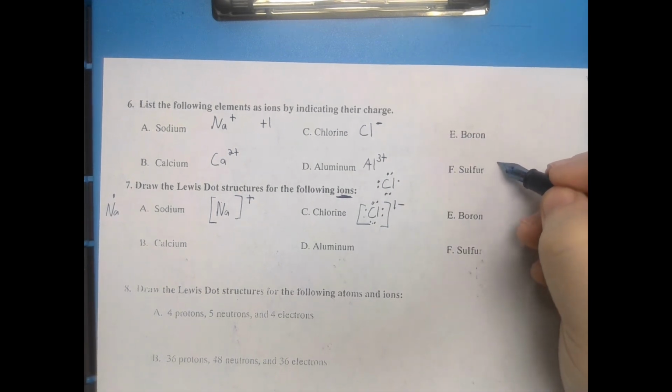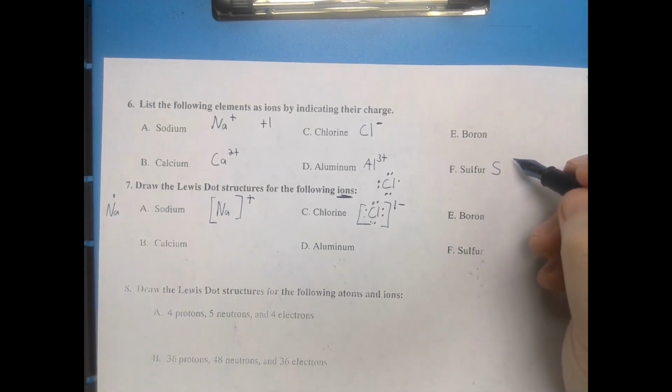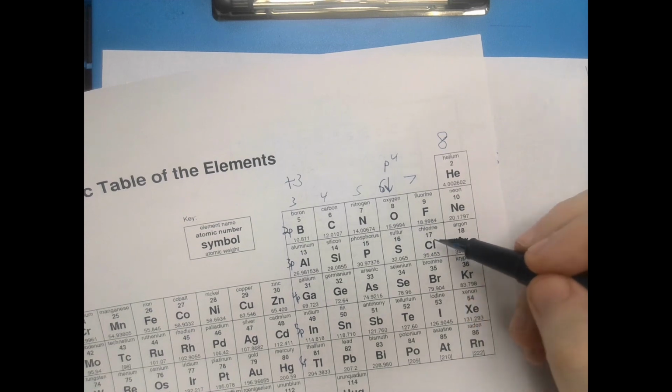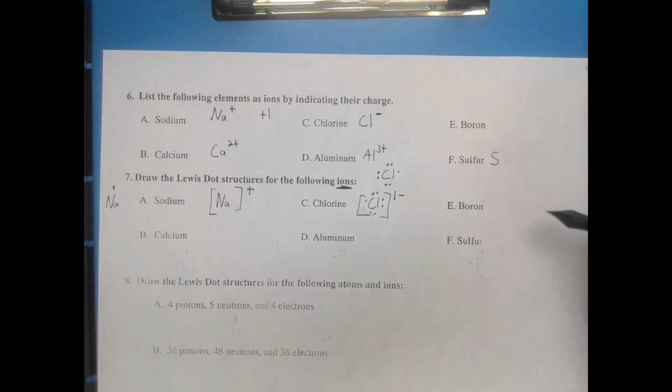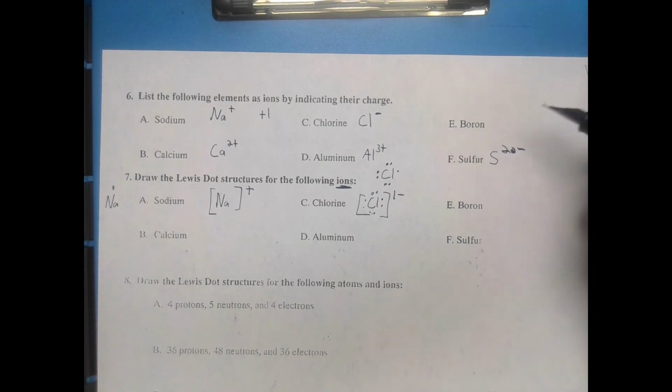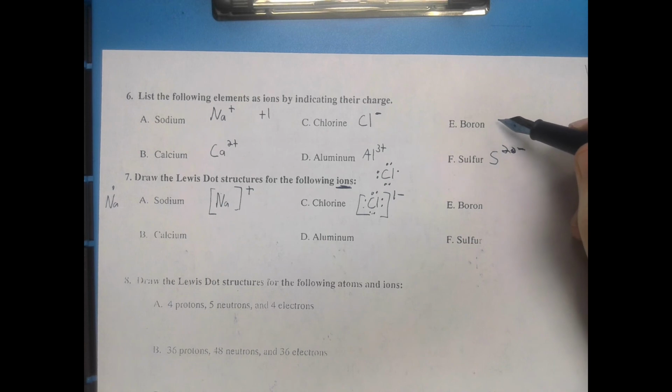Sulfur has 6, so it'll gain 2 electrons to become full, so it'll be -2, or 2-. Boron has 3, same group as aluminum.